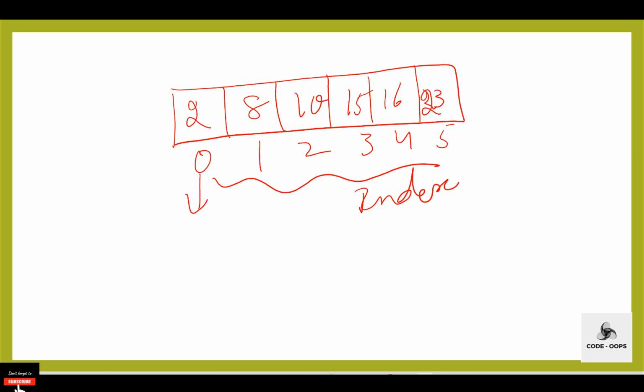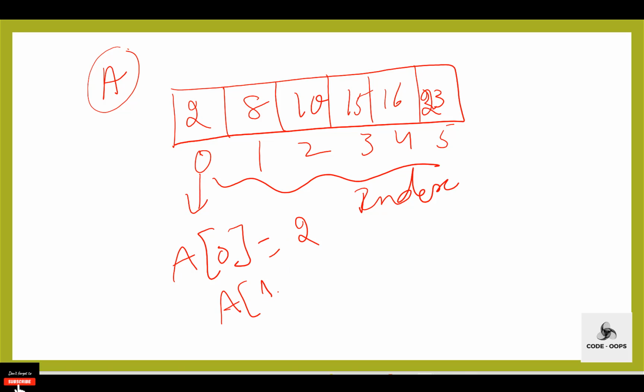Elements are items stored in an array and can be accessed by their index. A is the name of the array, and at index 0 the element is 2. At index 1 the element is 8 and so on. At index 5 the element is 23.